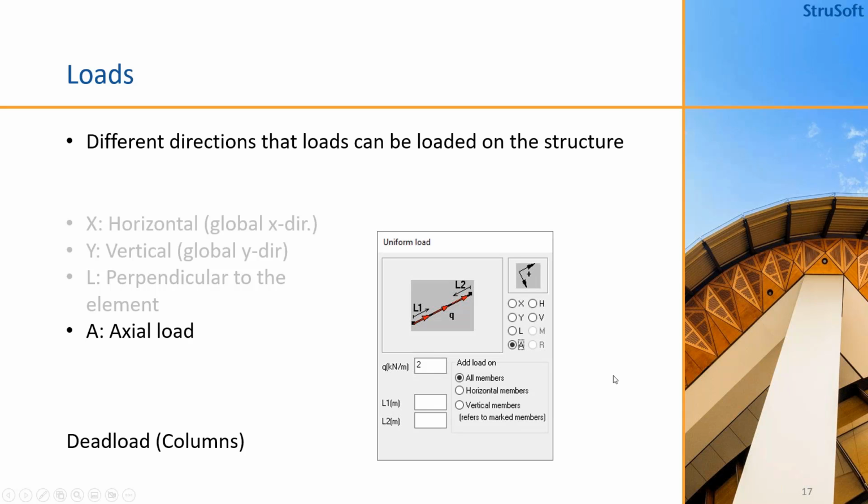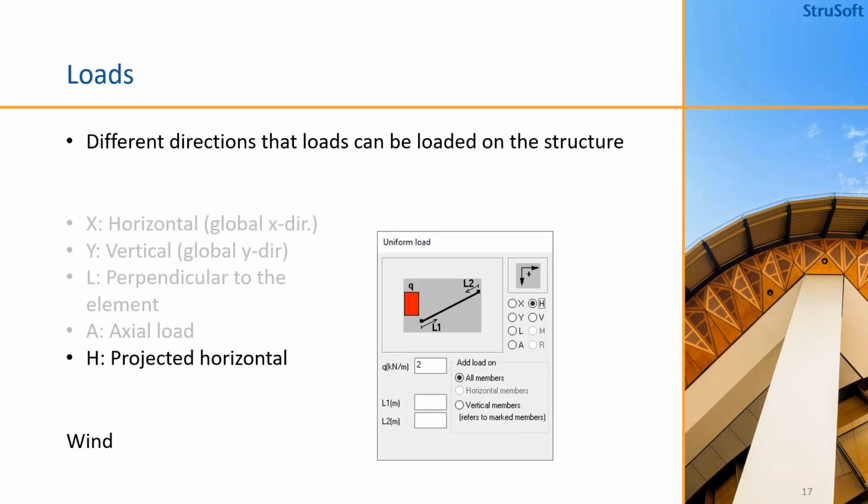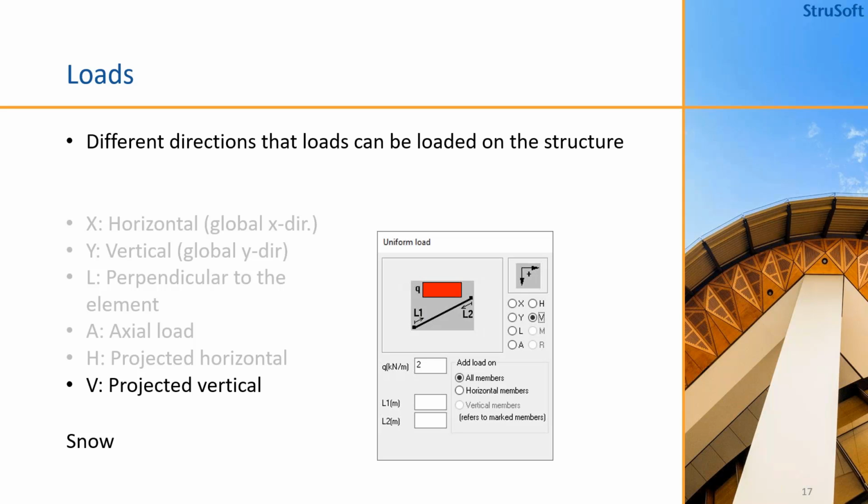We can apply an axial load, and that is for the dead load of, for instance, columns. It's also possible to apply projected horizontal loads that might be for wind, but we also have vertical loads, and that is similar to snow loads.